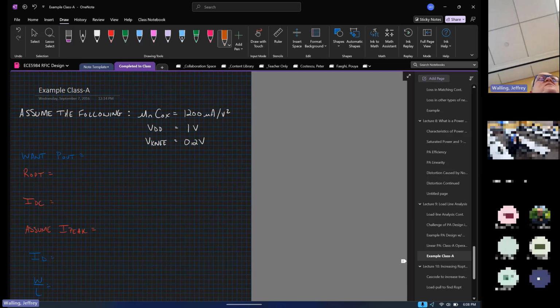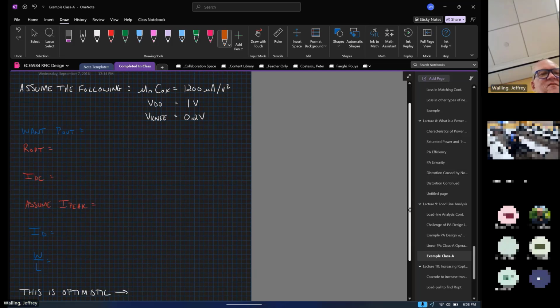It really depends upon how you're biasing them. The square law of a MOSFET that we all learned some time ago does not apply to modern devices. So we'll just assume this for the time being. It's a reasonably good assumption to get us started. But in reality, you'll have to do some simulations.